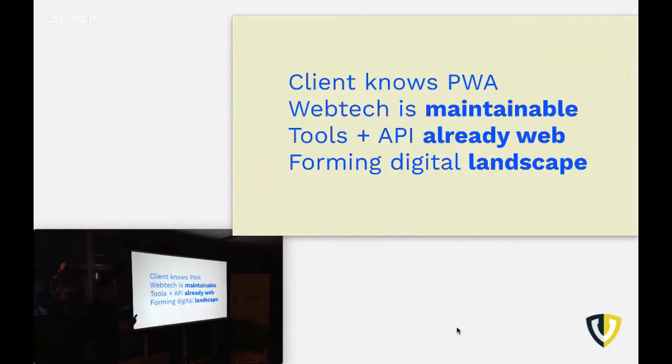So he's already talking to us about other stuff that he wants for his clients as well, like reports. So he has a digital landscape that he is establishing, and he thought, I need to have a PWA. This is my first starting point to grow out this web landscape.